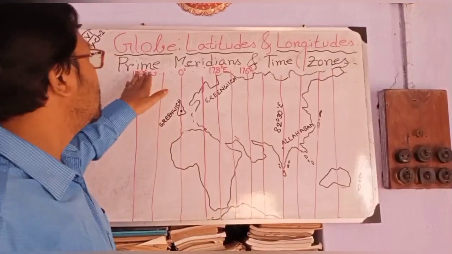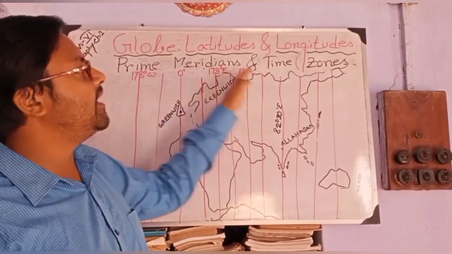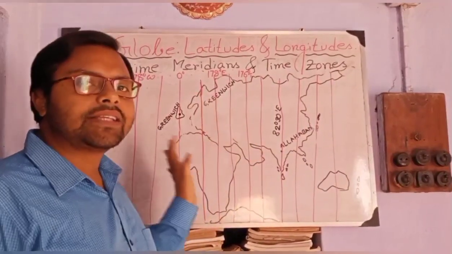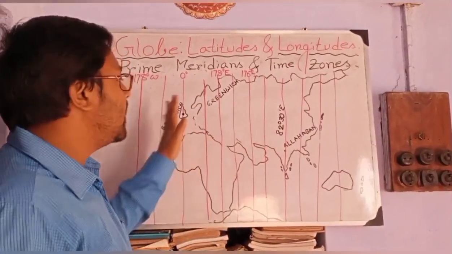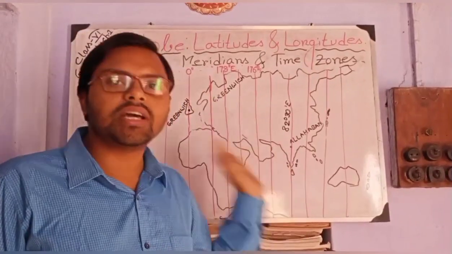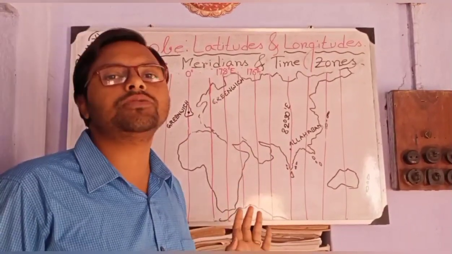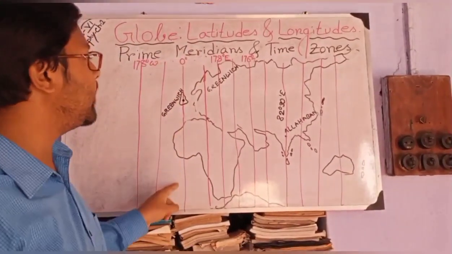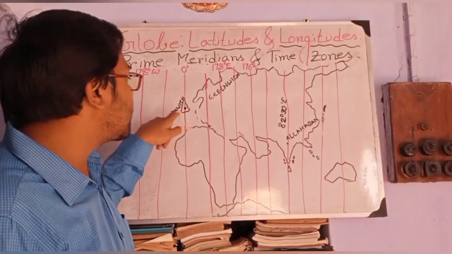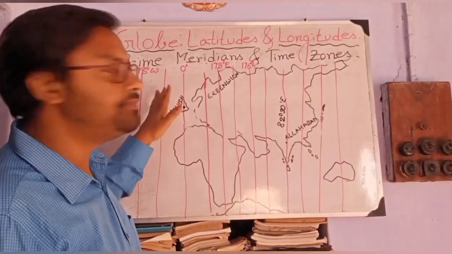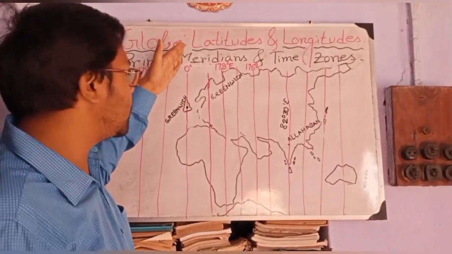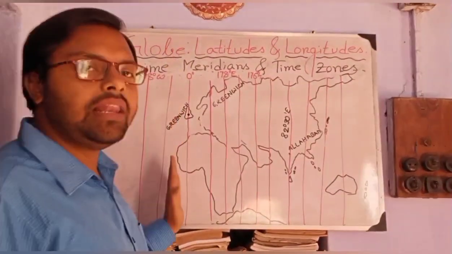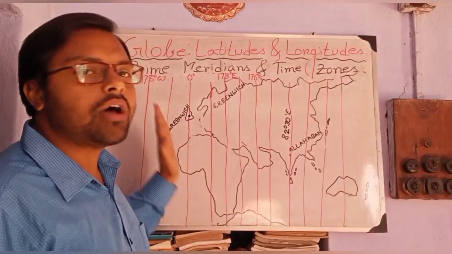Okay, now we will understand the prime meridian and time zones. We have already discussed that throughout the world there are so many longitudes. How many longitudes are there? 360 longitudes. And the 0 degree longitude passes through Greenwich town of London in England; this is the middle longitude of the world.